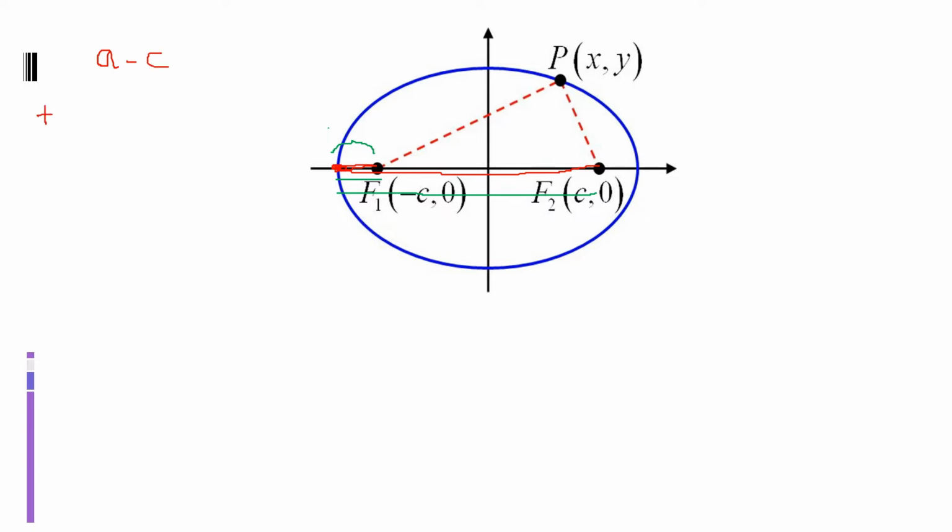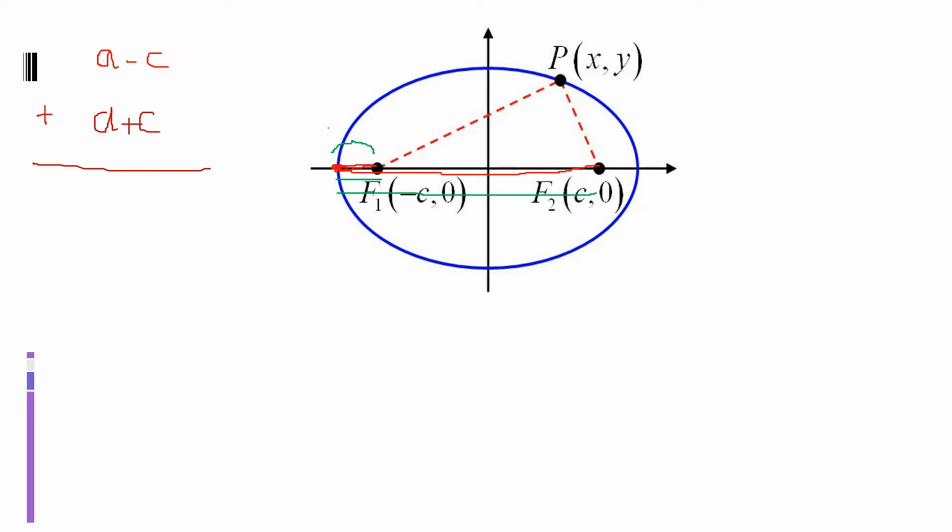Plus, ano naman yung pangalawang distance natin ngayon? So from here up to here, we are sure that that is a. From here up to focus number 2, we know that that is c. So itong distance na ito is actually a plus c. So the distance 2 is equal to a plus c.